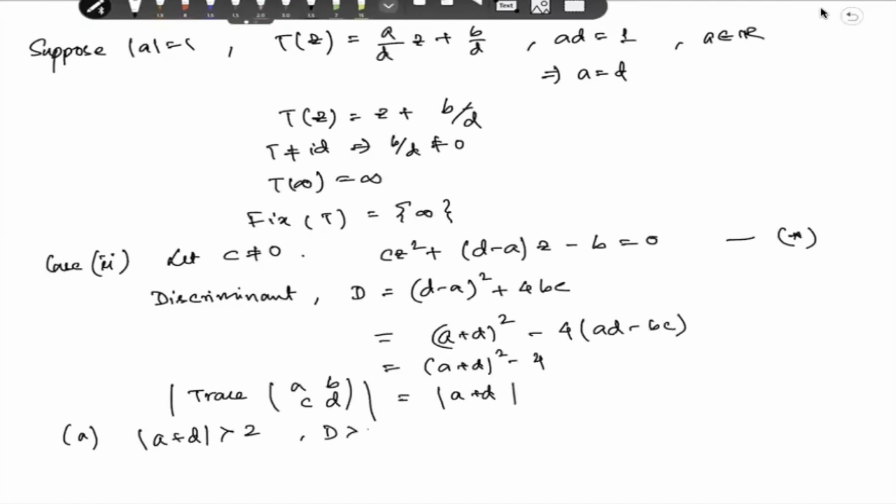This will imply that the quadratic equation has exactly 2 roots in R, so T has exactly 2 fixed points on R. The second subcase is, let us assume mod of A plus D is equal to 2.